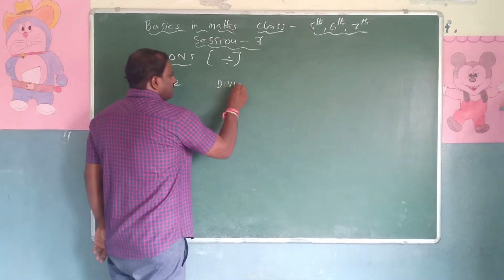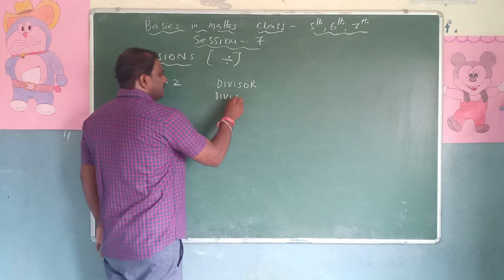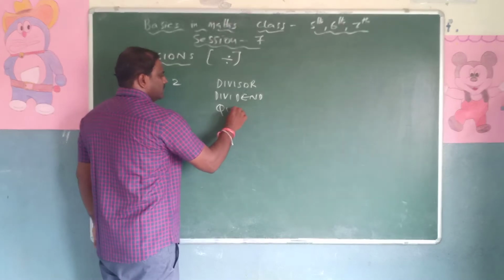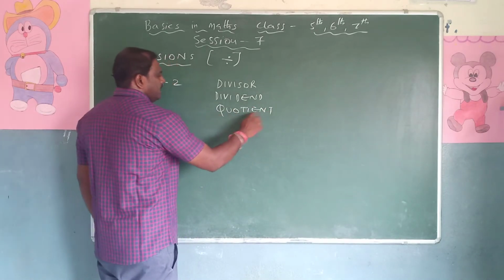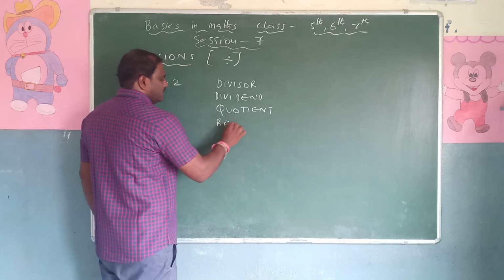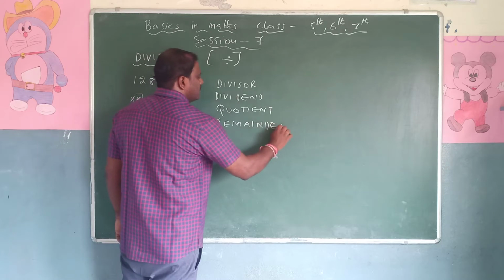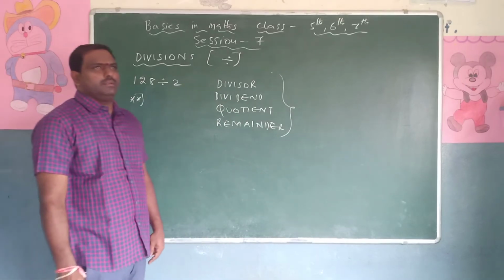One is divisor, second is dividend, third is quotient, Q-U-O-T-I-E-N-T, and the fourth one is remainder, right? So these are the 4 definitions or 4 points you have to remember.